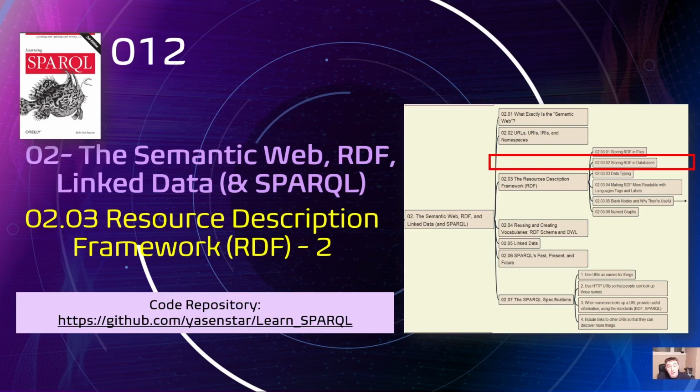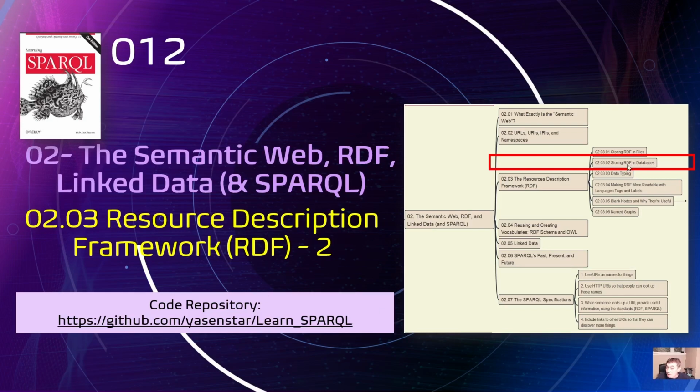RDF can be stored as triples, and we discussed several different types, such as N-Triples, N3, or TTL. Those are the different ways that you can store triples with the RDF specification.